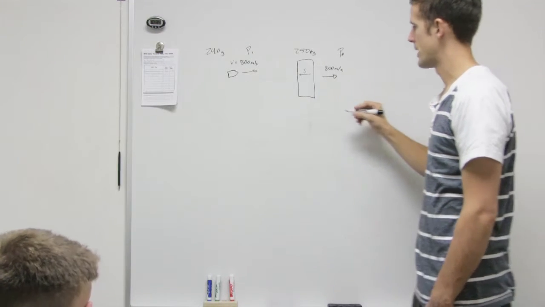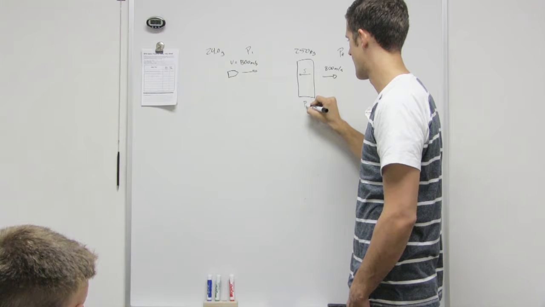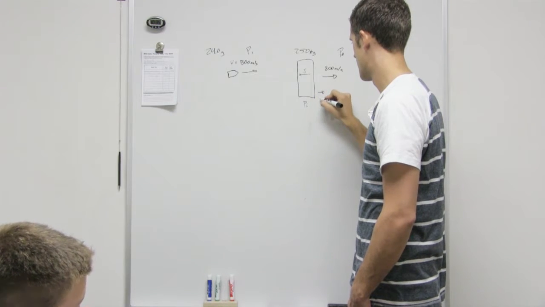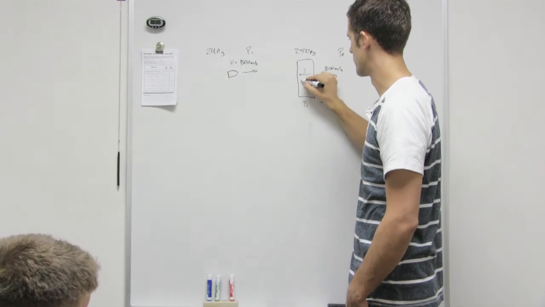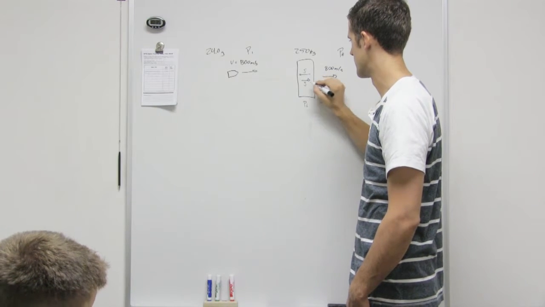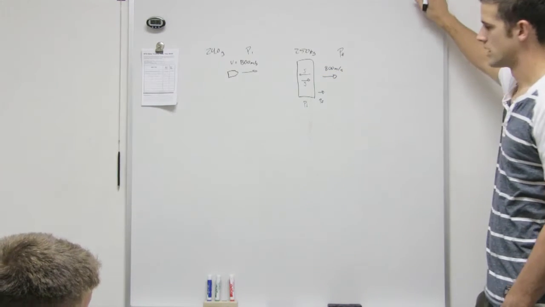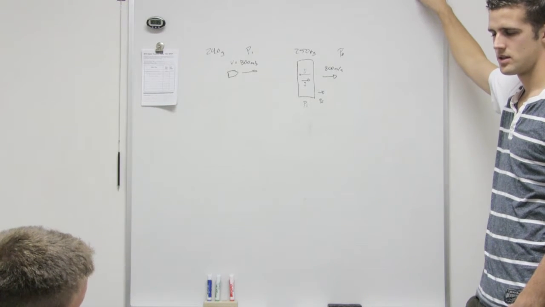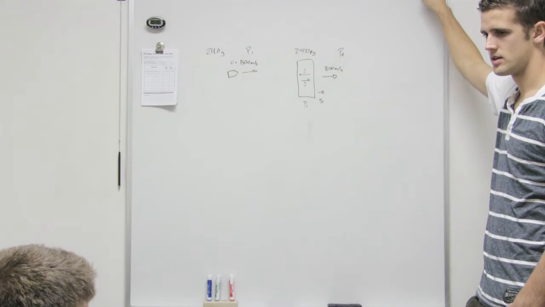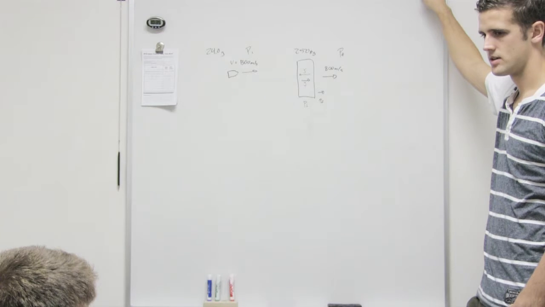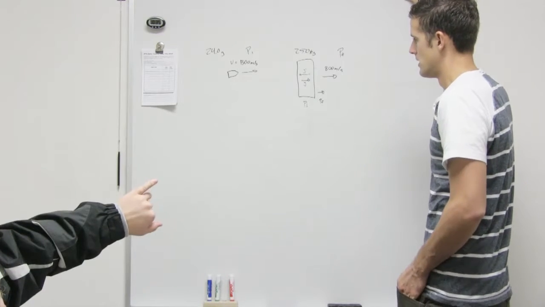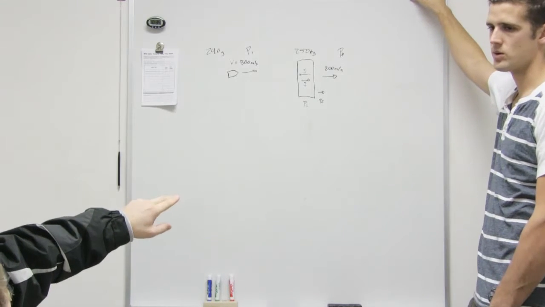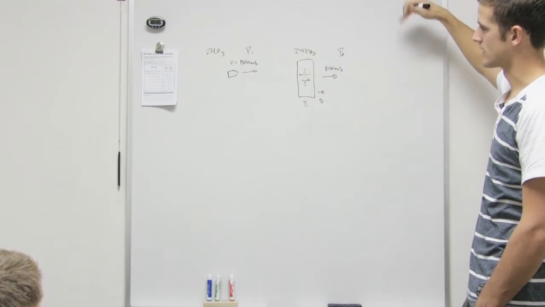So what if we thought about the target, and said it had an initial and a final, and then its own little impulse in the middle? Would those impulses cancel out? Yeah, if you add them all together, they would.